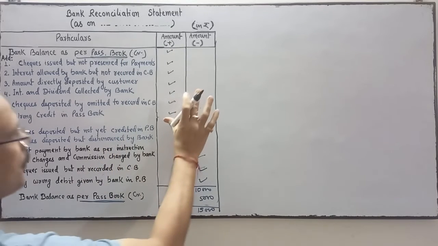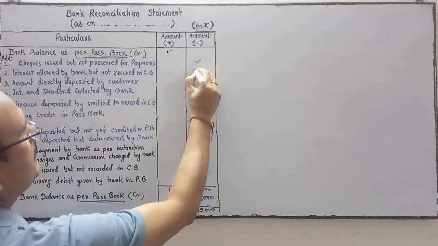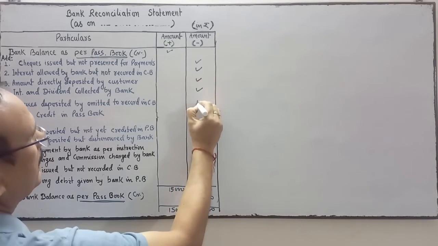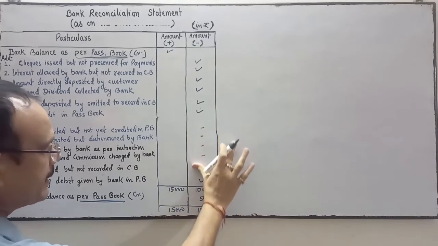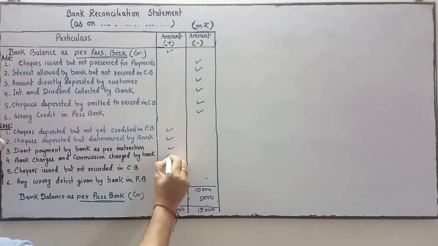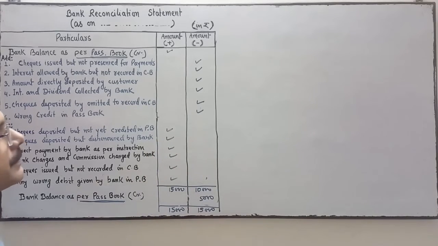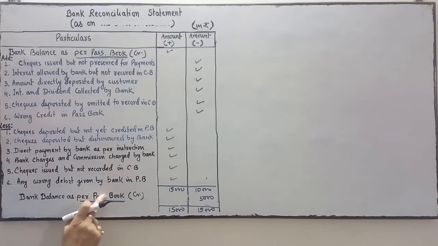The same what we have written on the plus side will be on the minus side, and whatever we have written on the minus side will be on the plus side. And we do the same thing: we start with the passbook, so the answer will be bank balance as per cash book.